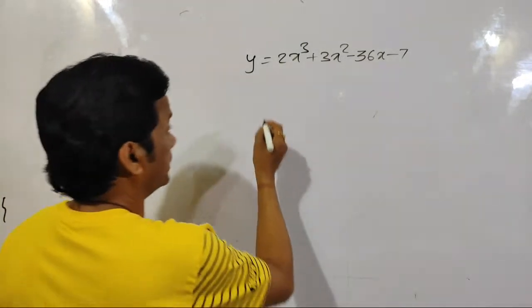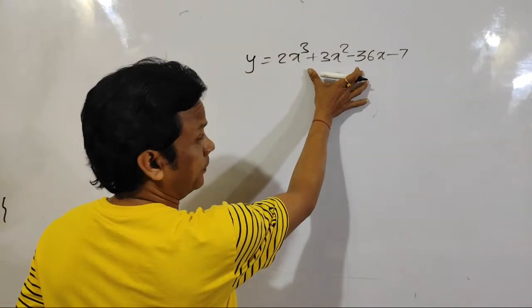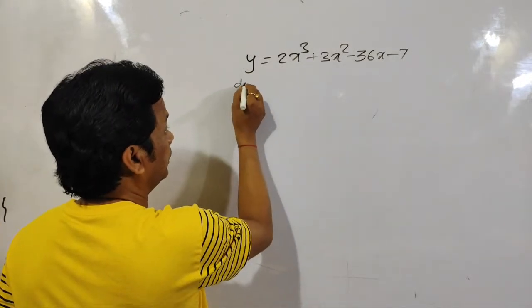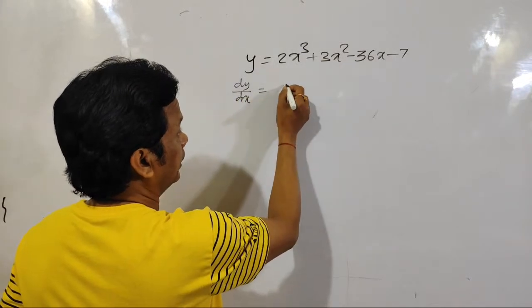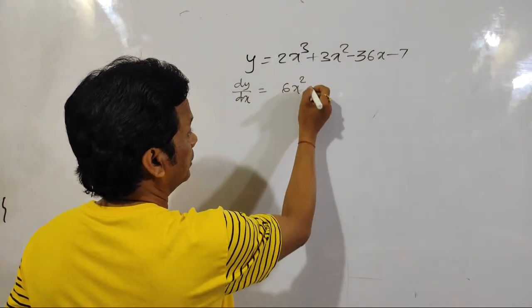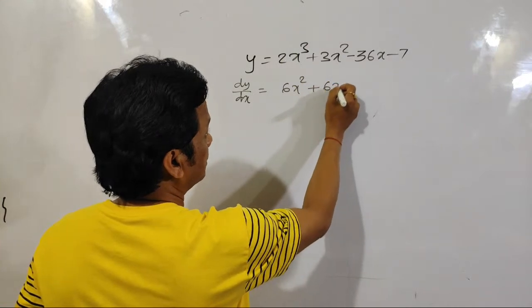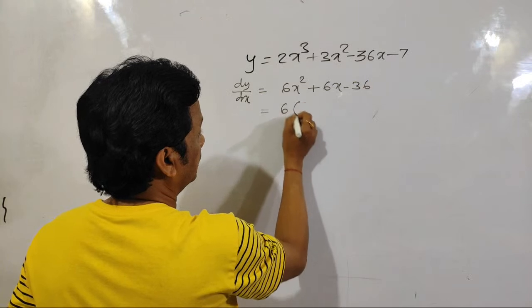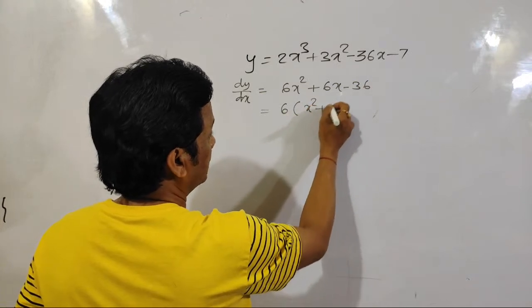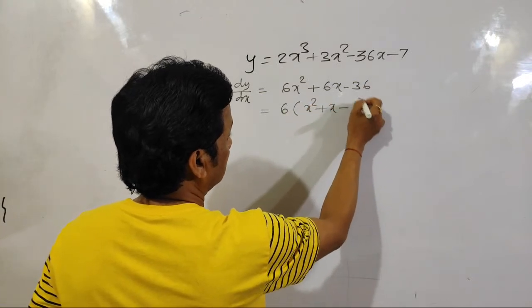First of all, this is f of x. Find the derivative dy by dx. The derivative will be 6x square plus 6x minus 36. Take 6 common: it will be x square plus x minus 6.